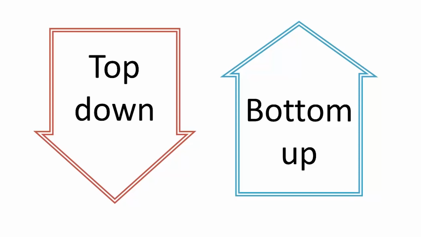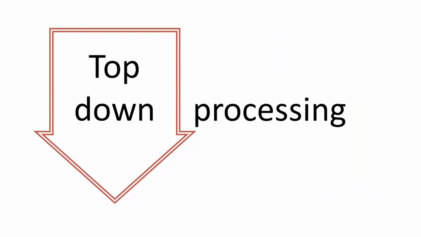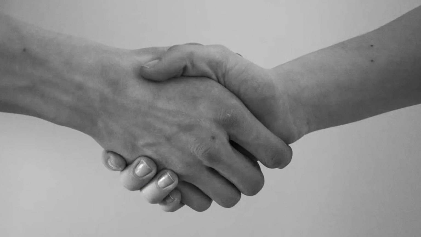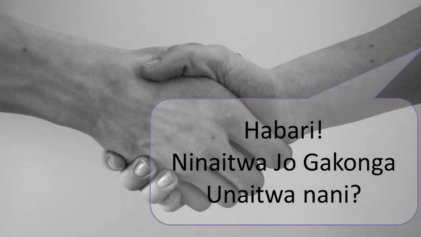So let's start by looking at top-down. Let me give you an example of how this might work. So, if I don't know you and I come up to you and smile and hold out my hand and say, "Habari, ninaitwa Joga Konga, unaitwa nani?"